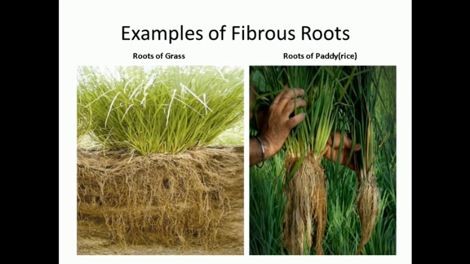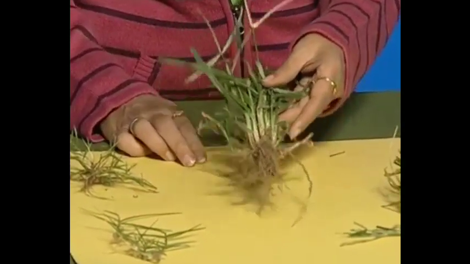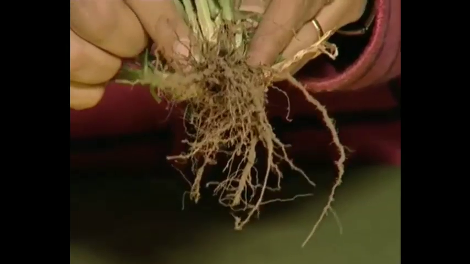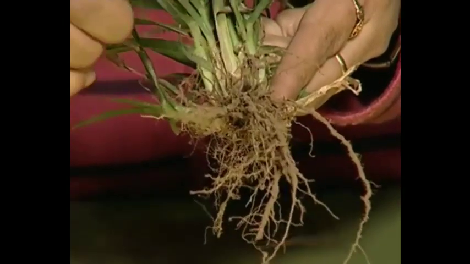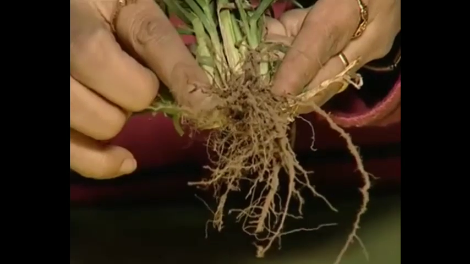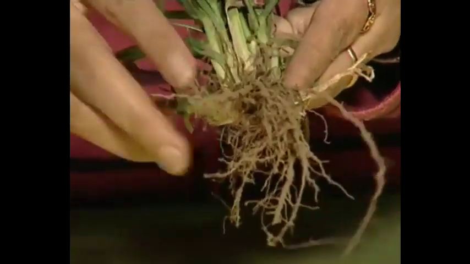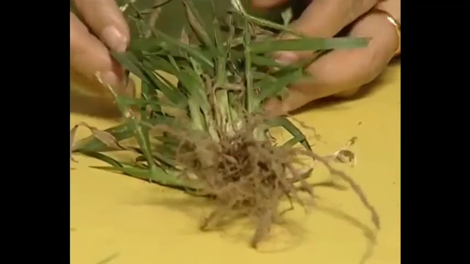So these are the examples of fibrous roots of plants. This is a grass in which all the roots come out from the same point, from the same base of the stem, and spread in different directions. This type of root is called fibrous root.